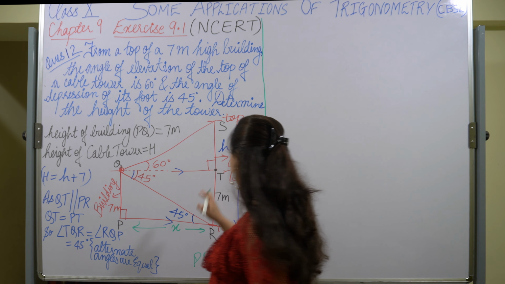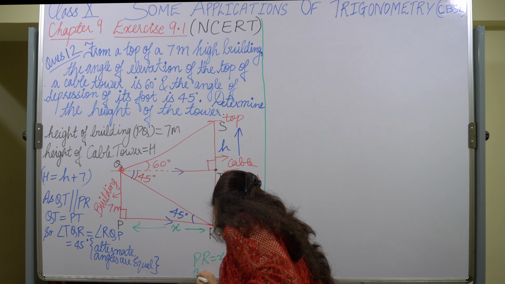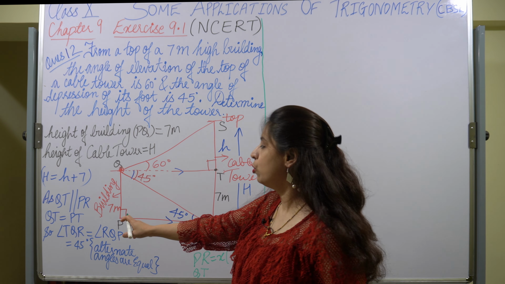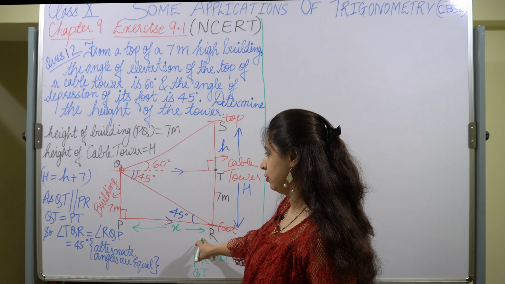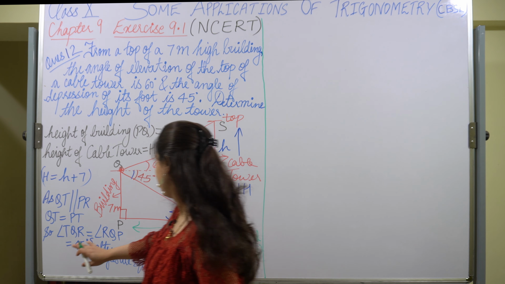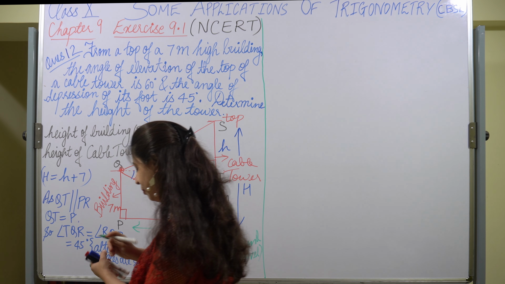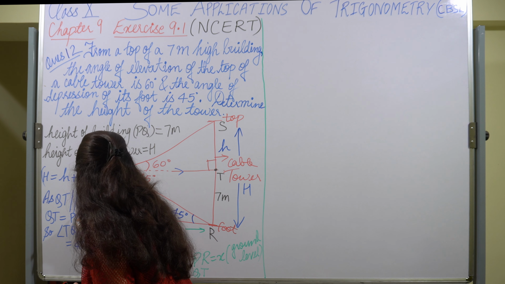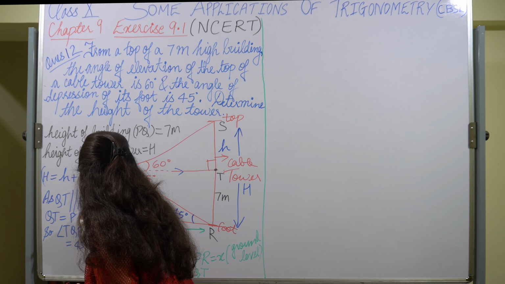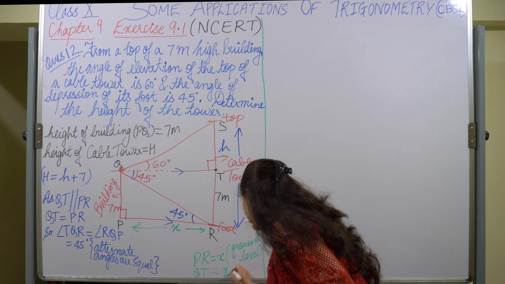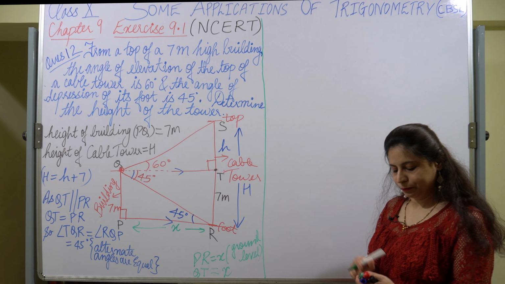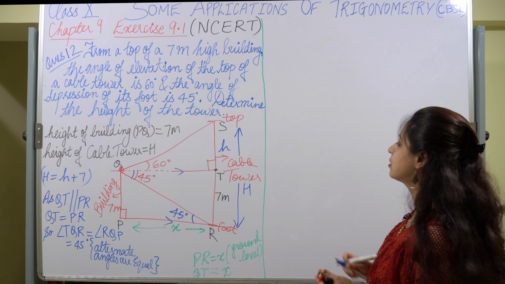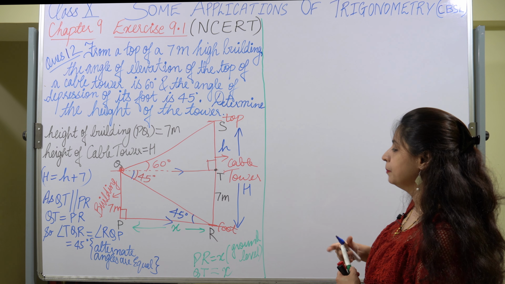And QT will also be equal to X, because QT is equal to PR. Okay, so now let us start solving the question.